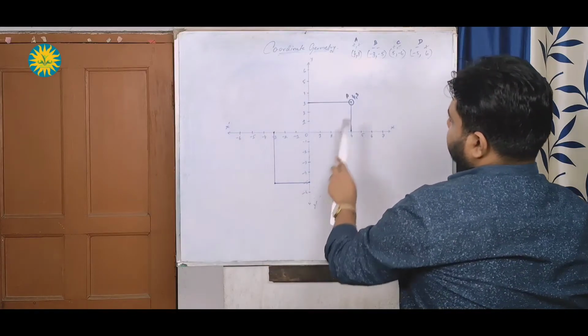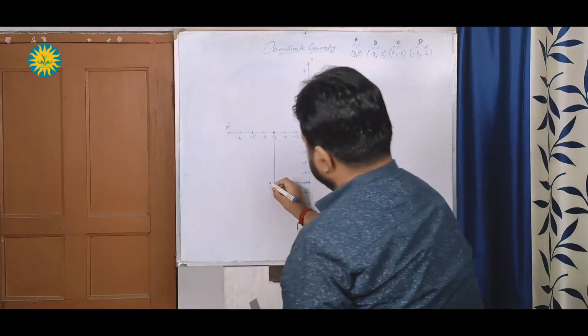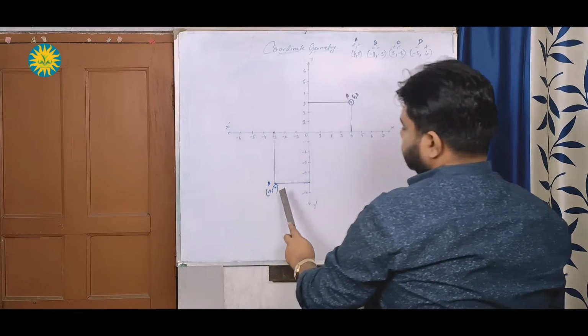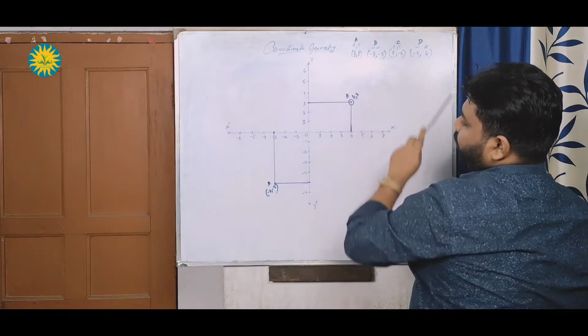This is the point -3, -5. This is point B, or -3 comma -5. So this is the exact location of point B.